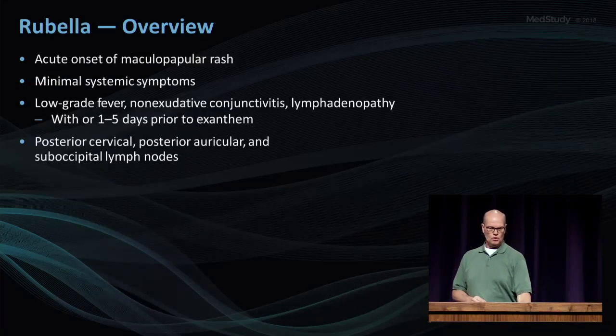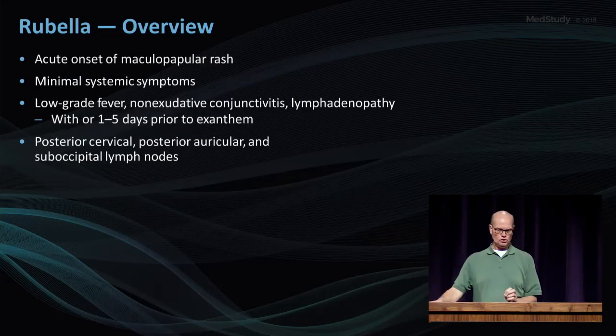Rubella, low-grade fever, non-exudative conjunctivitis, no photophobia, and oftentimes the only other finding along with the rash, which does, like rubeola, begin in the head and move down, is the presence of posterior cervical, posterior auricular, and suboccipital lymph nodes.